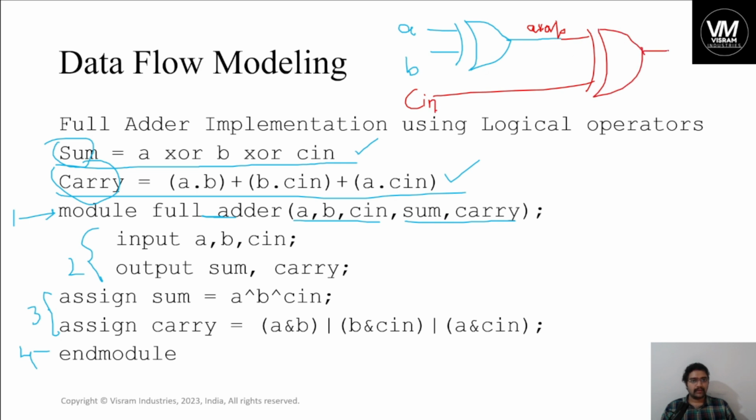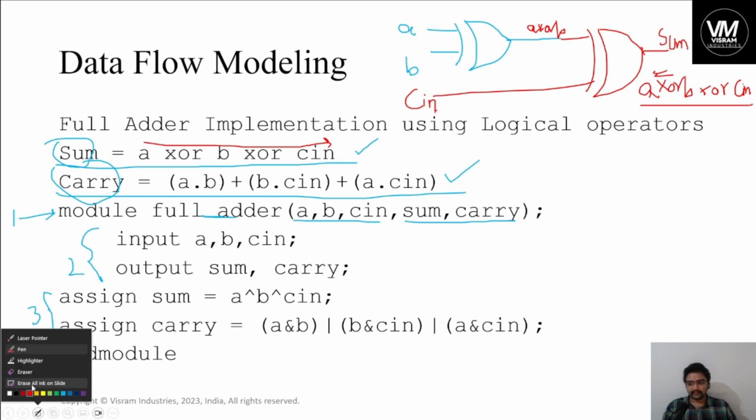So now the output is A XOR B XOR C in. So the functionality is taken from left to right. So in this way we get the sum. Now the output is sum. Sum is equal to A XOR B XOR C in.